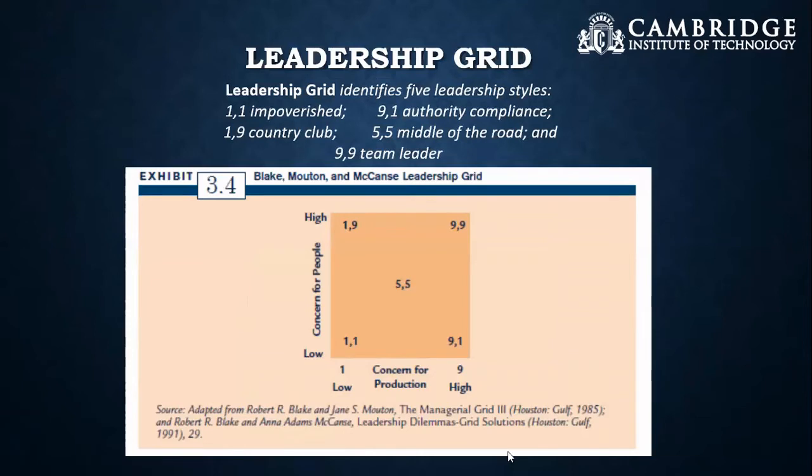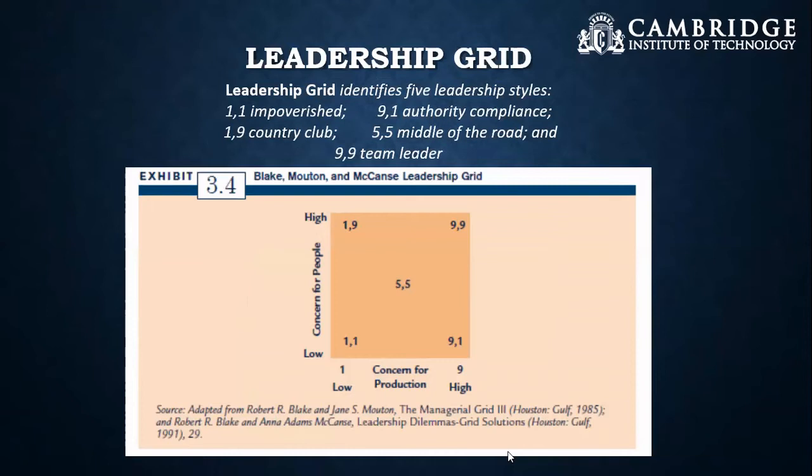The next model that we are going to discuss is one of the significant models that was developed in the late 1960s by two researchers, Robert Blake and Jane Mouton. It was called the managerial grid, which was developed by them at the University of Texas.